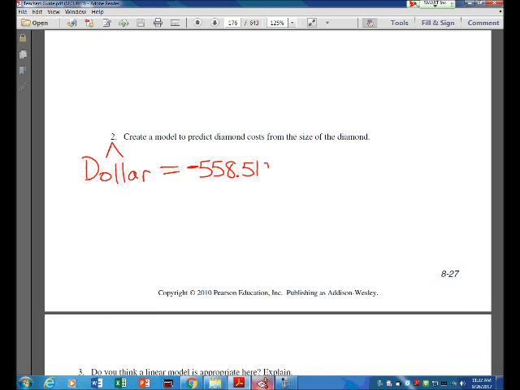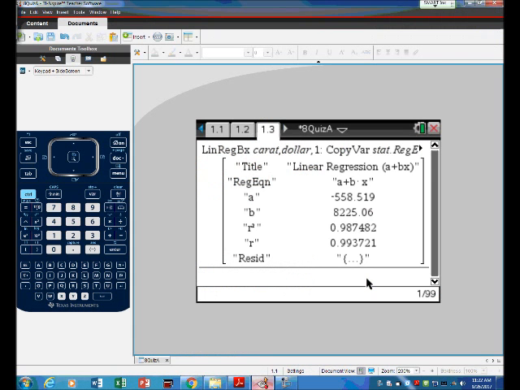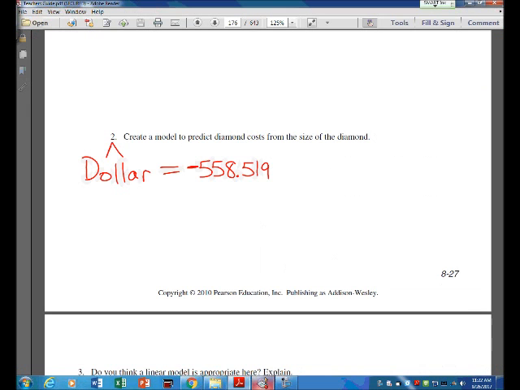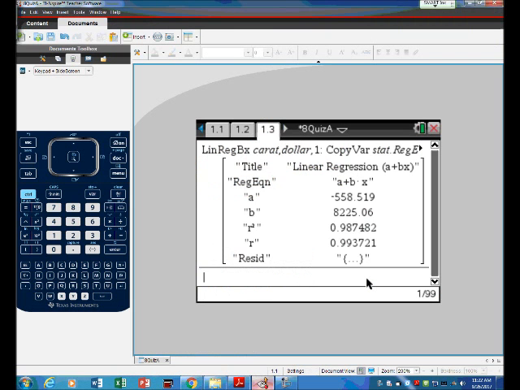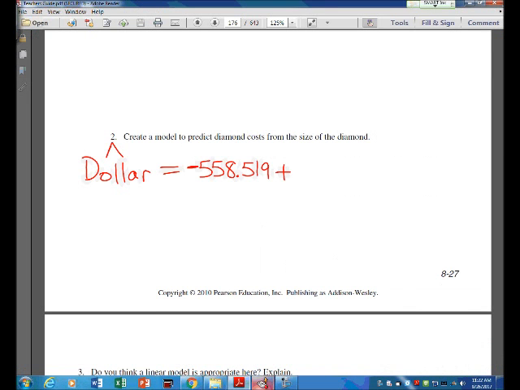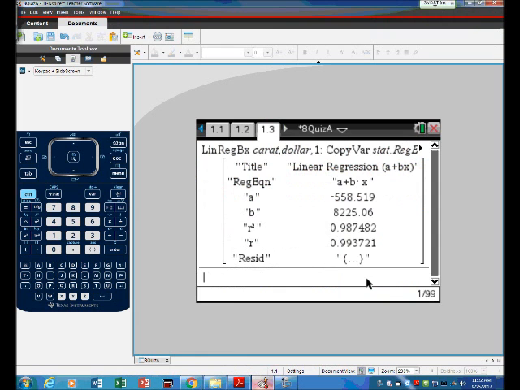I know it's a positive slope, so I'm going to write plus, and then my slope is 8,225.06 times carats, or the size of the diamond in carats. Okay, so that is our linear regression model.